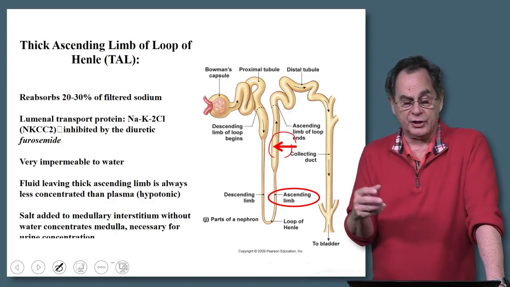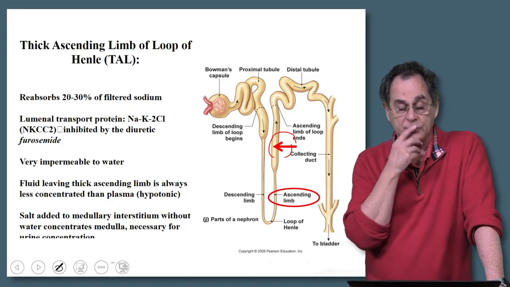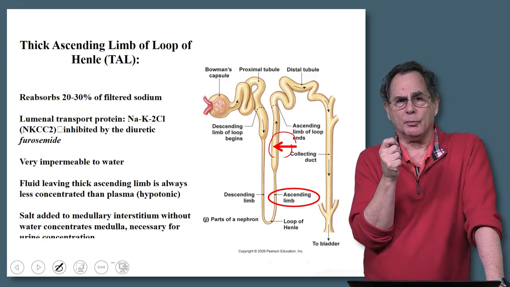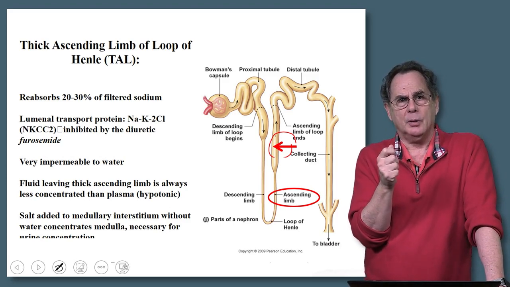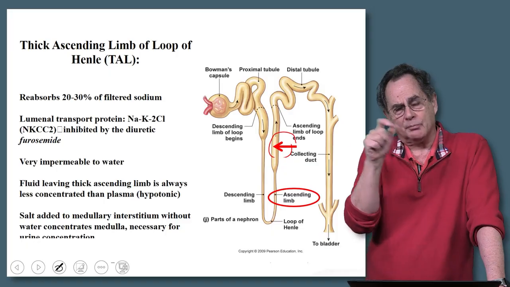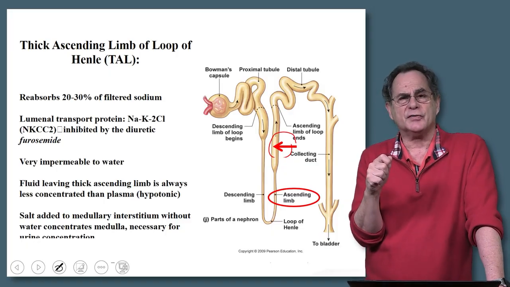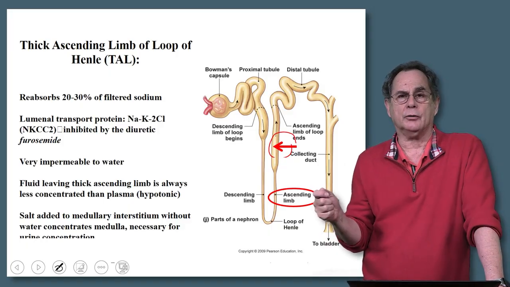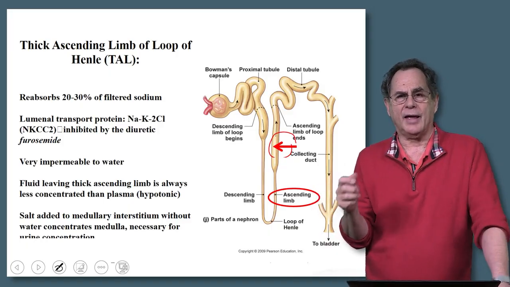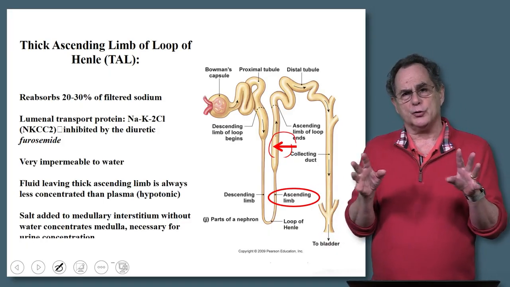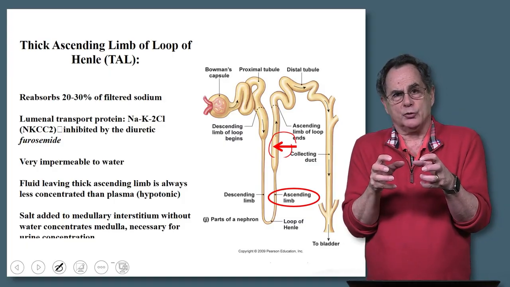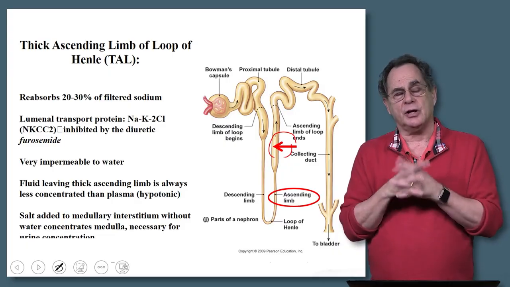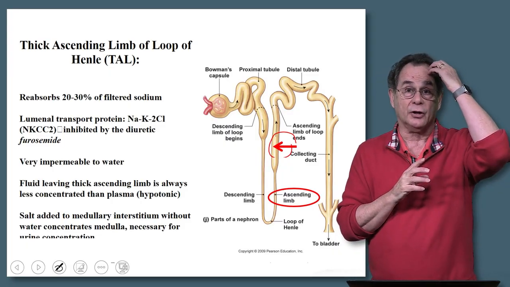What's the key protein for sodium reabsorption in the thick ascending limb? It's a luminal transport protein. It's a co-transporter, but instead of just being sodium plus one other thing like phosphate or glucose, it's a sodium potassium 2-chloride transport protein. That means all four of those solutes have to dock on that protein before they're translocated from the lumen into the cellular compartment.